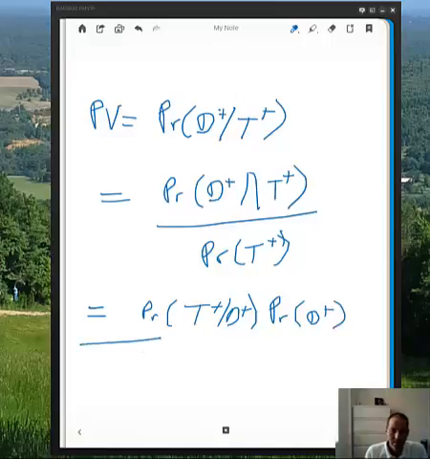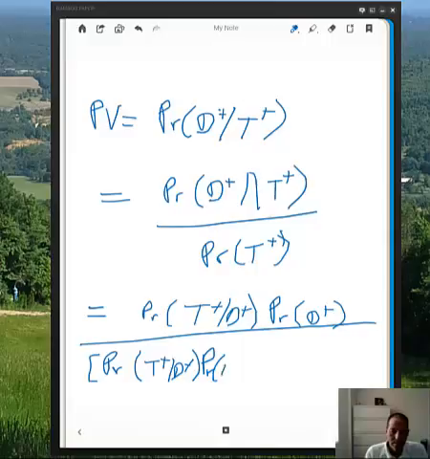We divide this whole puppy here by probability of T plus given D plus times the probability of D plus.